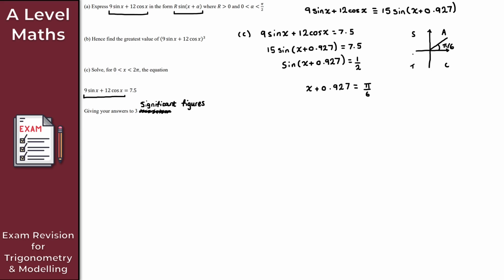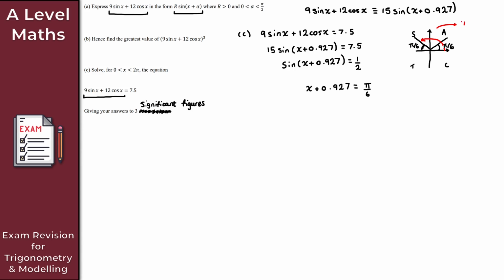Okay, now my next solution lies in this quadrant here. So this angle here is also pi over 6, but what I want to know, let's do it in red, is what is the angle that's formed going from this line here, essentially the x-axis, all the way around until we meet this line here? Well, from my CAST diagram, it's clear to see that this would be pi radians minus the angle in between, which is pi over 6.